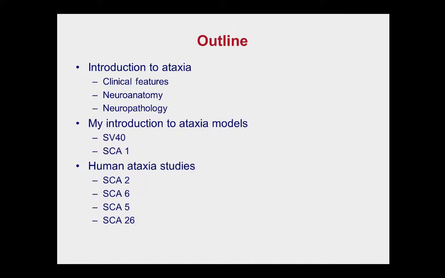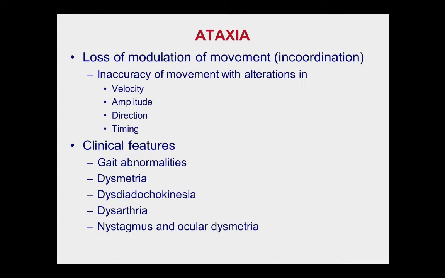So we'll start off telling you what ataxia is, and then I'll talk about the anatomy and the pathology, introduction to ataxia models, a couple of models that we've used, and then talk about several human forms of ataxia that we've dealt with over the years.